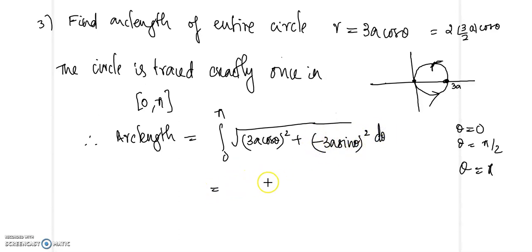So 3a whole square will come out, so we get square root of 3a square, integral 0 to pi, and then root of cos square theta plus sin square theta, which is 1. So that is d theta. So that will be equal to 3a pi.